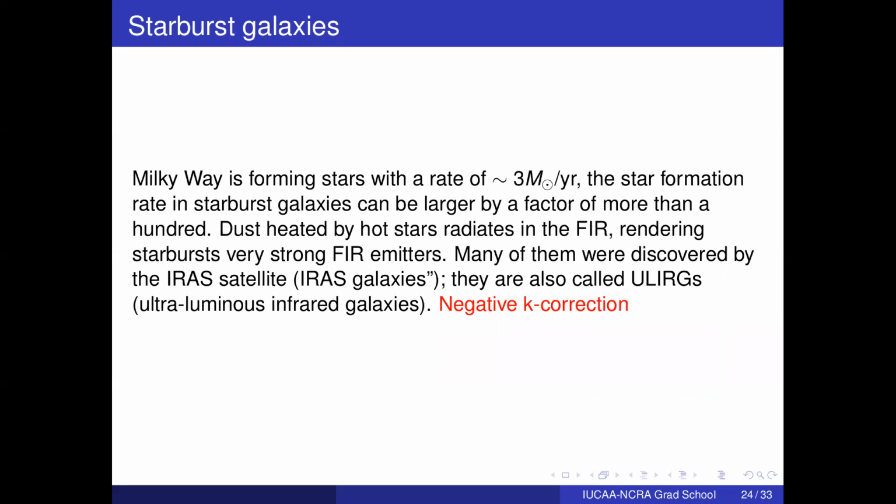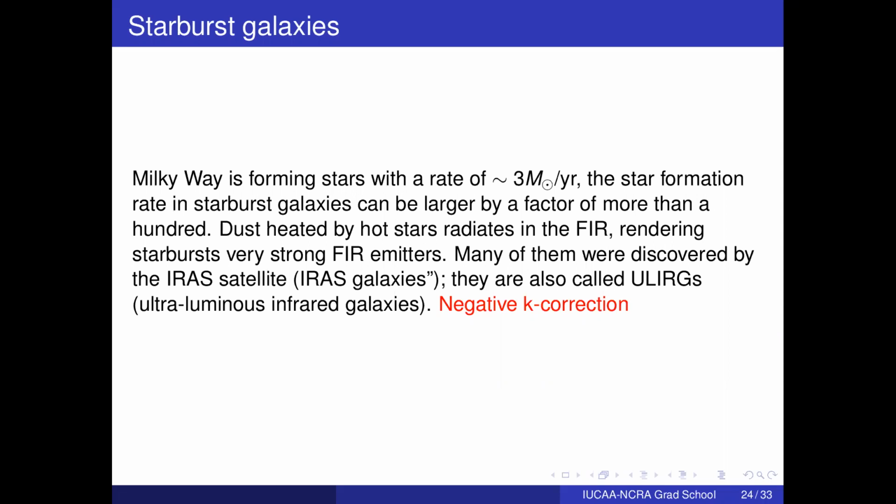So only if these dusty galaxies have very hot dust, large amounts of very hot dust, will you be able to detect it with JWST. But if they are cold, warm dust or cold dust, that is too far away for JWST to observe.